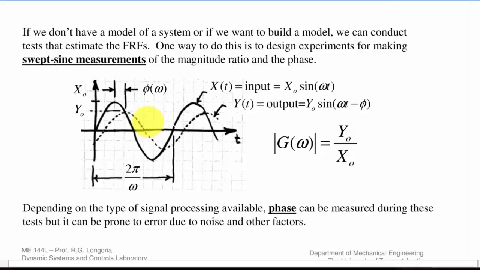Well, I hope you can see now we can do something that we call a swept-sine test. We make swept-sine measurements. So if we can take our system, whatever system you have, and control the input, here I'm calling it X and Y, and basically put in a sinusoid, and you measure the sinusoidal output, measure the amplitudes, take the ratio of the amplitudes at every frequency, and so you're adjusting frequency here, right?